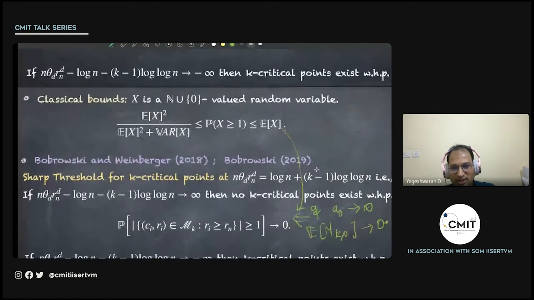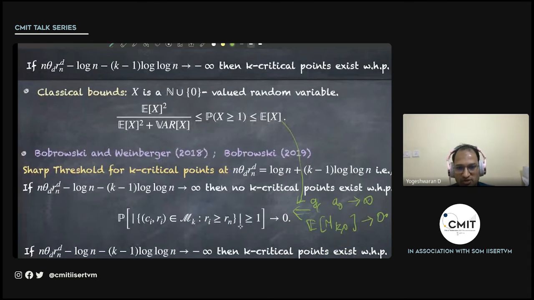So if the expectation of mk naught goes to 0, I can use this probability bound. Remember, this is mk naught, corresponding to A naught going to infinity. So I look at all the critical levels above Rn. I look at how many critical levels there are above Rn, where Rn satisfies this condition, and I get that there is nothing.